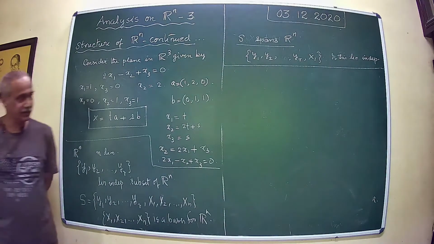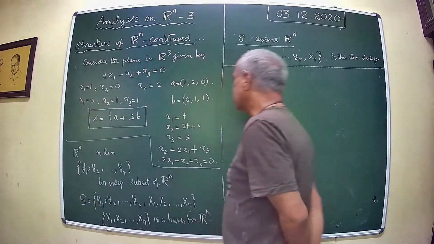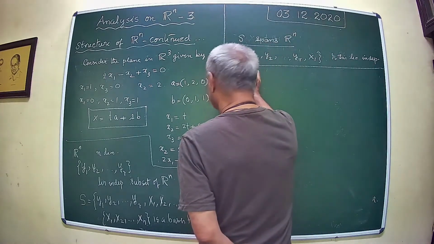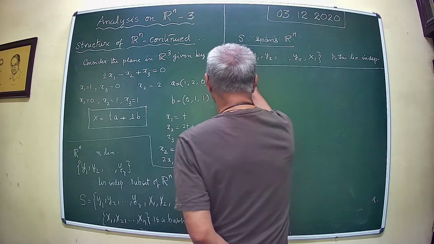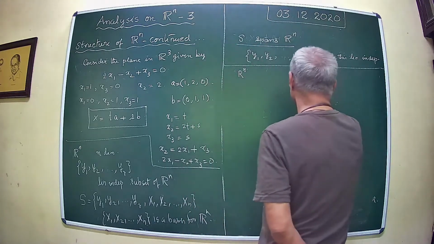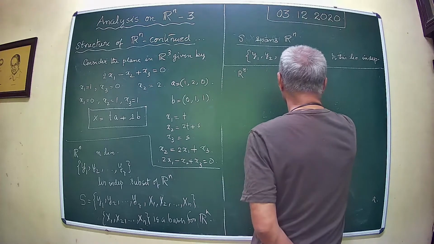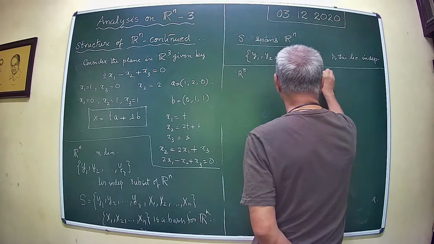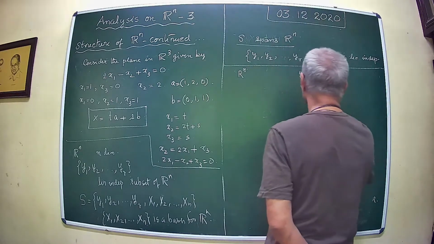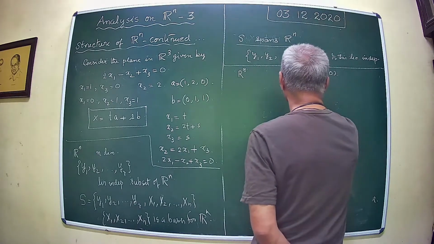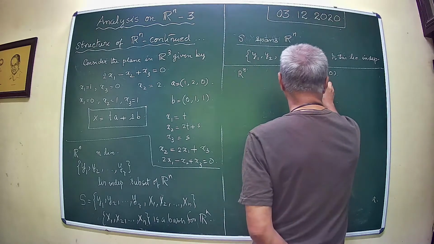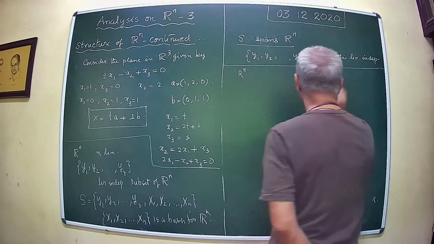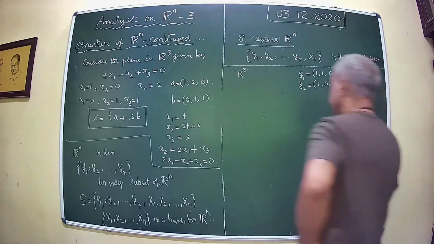For example, I just tell you what exactly you are doing. Suppose you are given, say, y1 and y2. So this forms a linearly independent set.